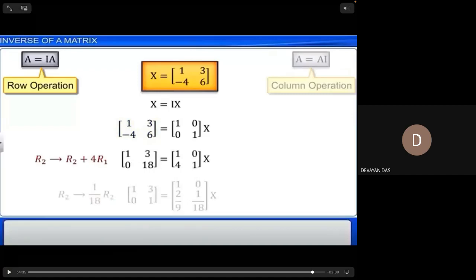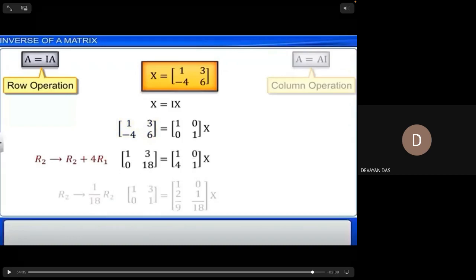OK, after applying, what do we do in the next step? In the first column the 1 is there and the 0 is obtained. In the second column we have to make it 1. So the second row, second element should be made a 1. To make it 1, again you are not supposed to use the upper row. You may doubt, sir, I will use the upper row again. No. If you use the upper row, then this 0 will change again. Understood? That 0 will change. That's why you are not supposed to use that one.